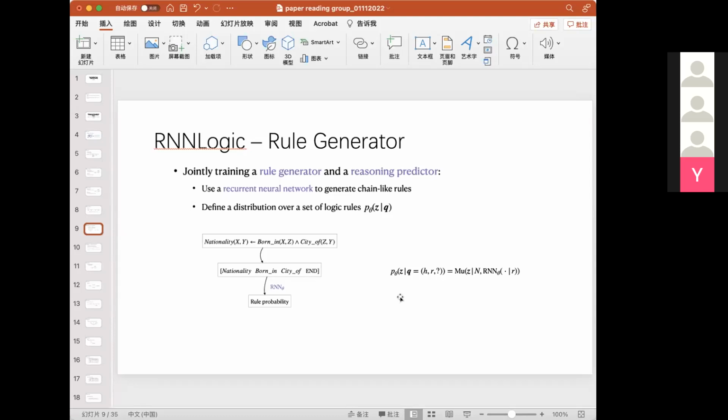But I just want to mention another thing, because we leverage the RN, we don't need to enumerate all possible combinations.